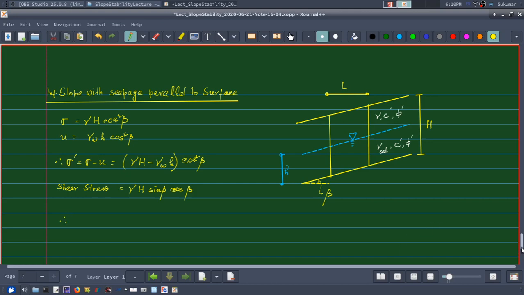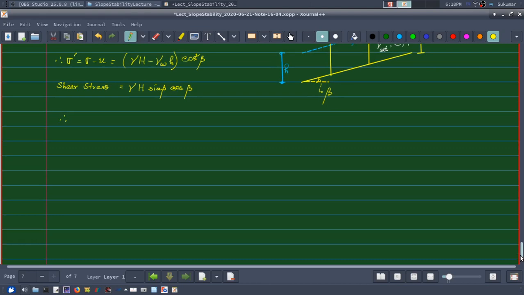My factor of safety Fs will be equal to, let me draw a large line. I will have C dashed plus, I will put the value of sigma dashed.